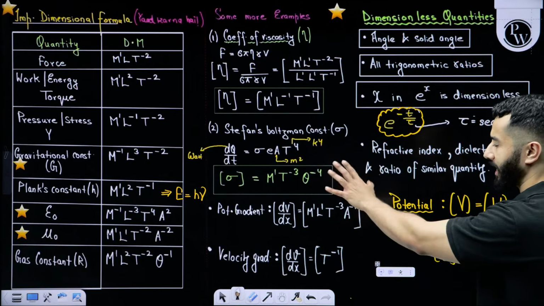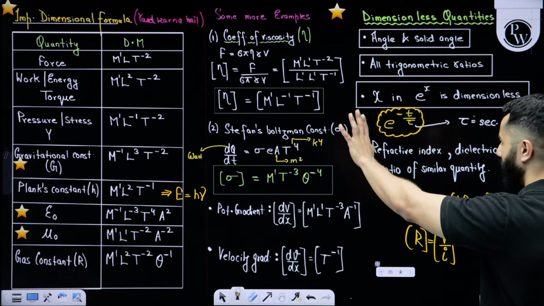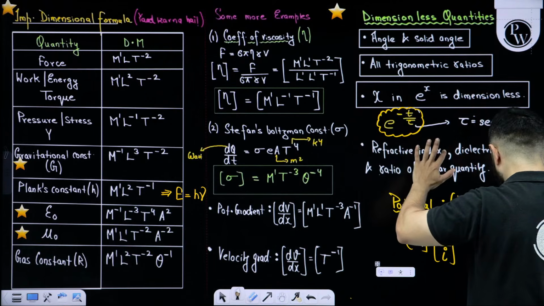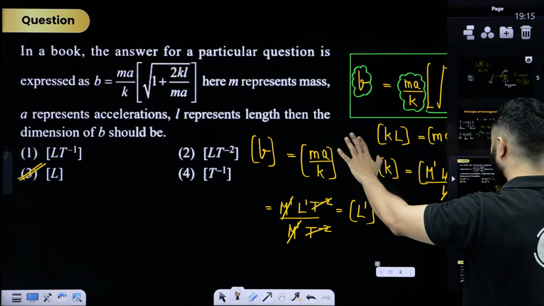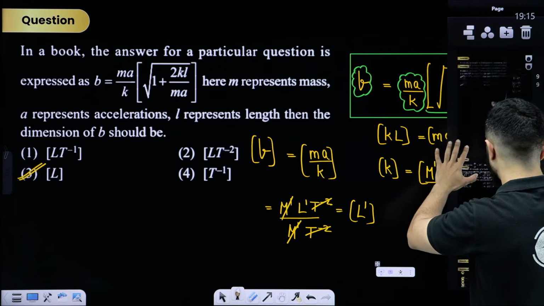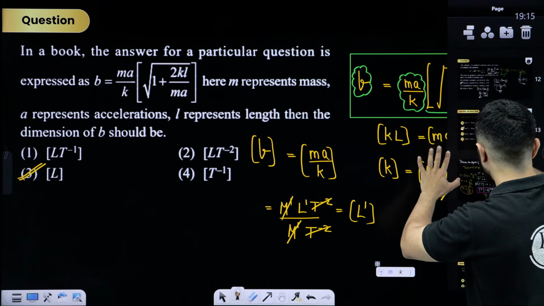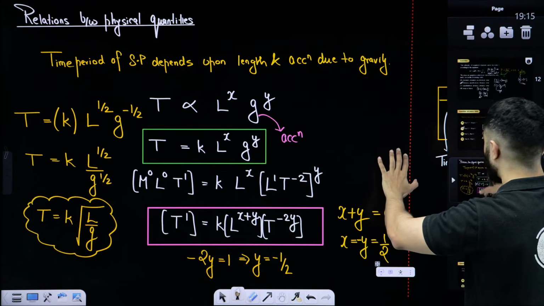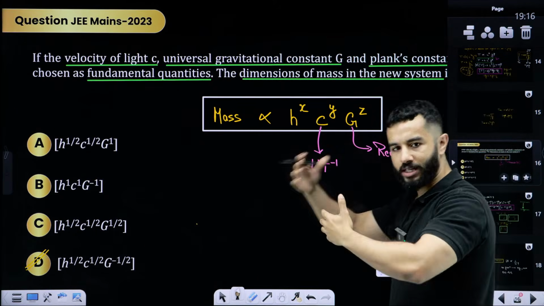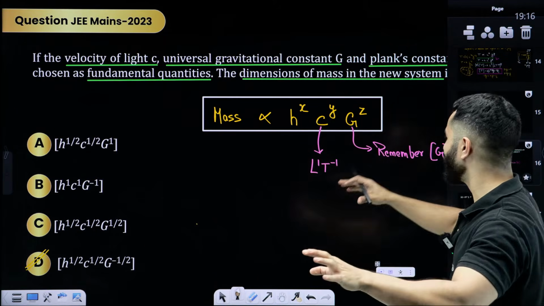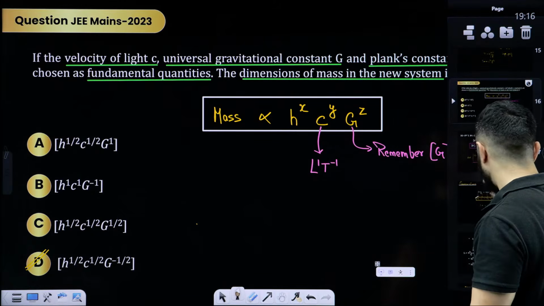I've explained as much as it was possible. These things are also completed, and after this we have talked about principle of homogeneity. We have solved sufficient questions on this particular thing, and then we have discussed relation between physical quantities. We have talked about 2 examples. Now you can solve more examples by yourself, right? And then conversion of units as well.